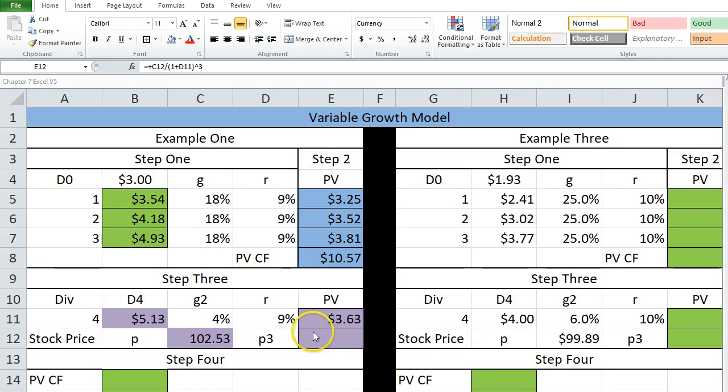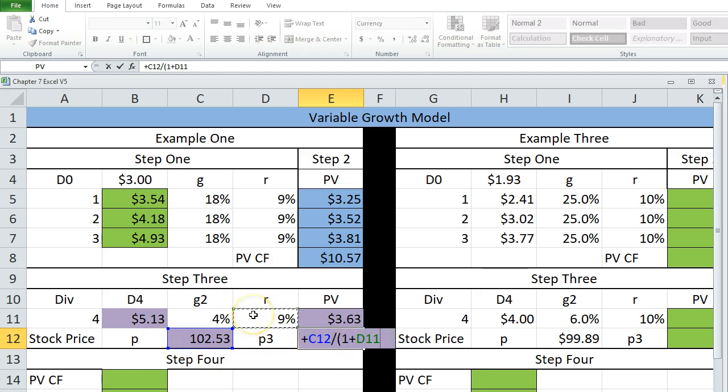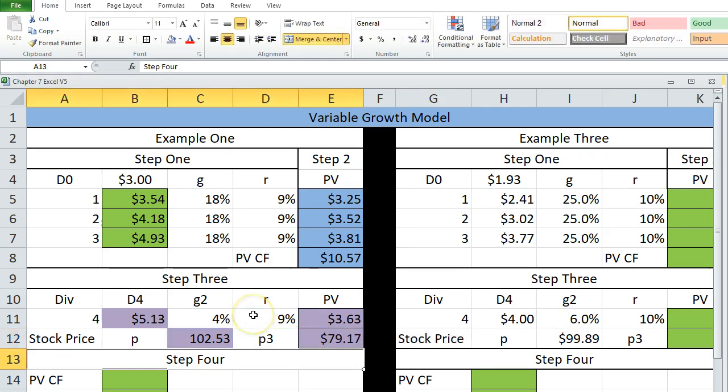That's because we have the P3 here. And this is how we get the present value of the stock price, or P3. Okay, so that gives us the P3.